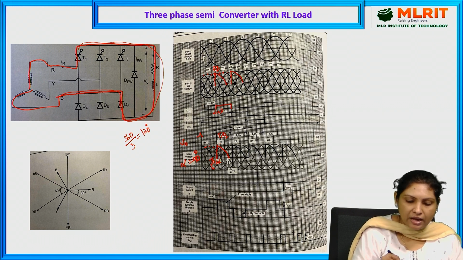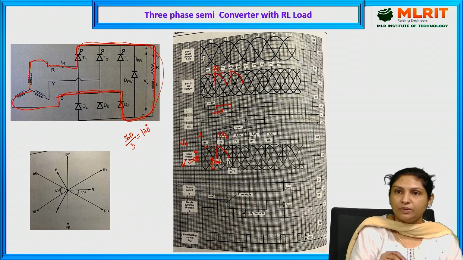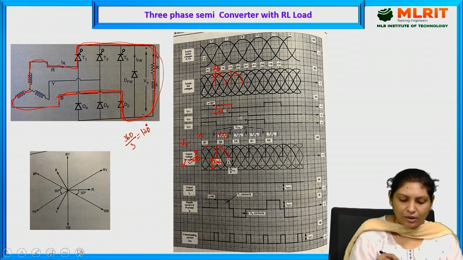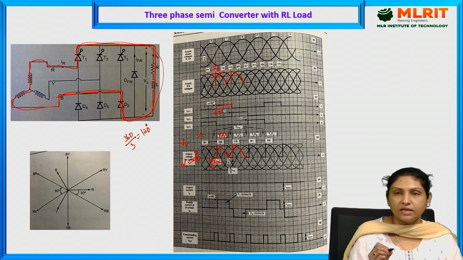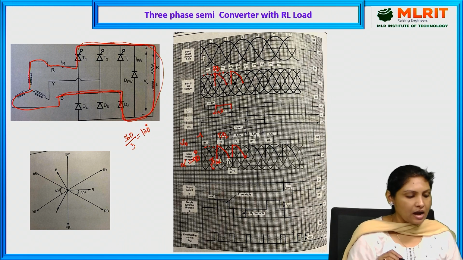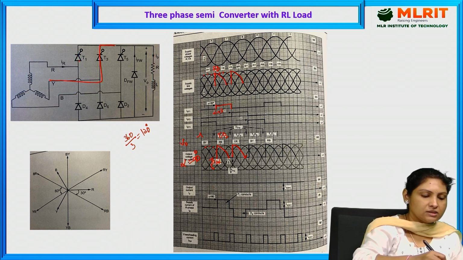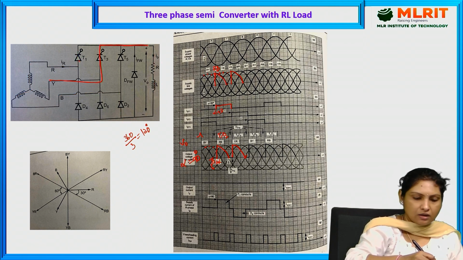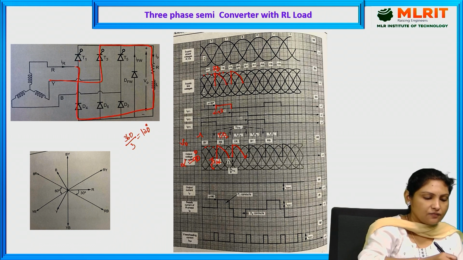As long as YR is present, and by this time the B phase has appeared. So the YR output waveform will be, because of the YR phase, this is your output voltage. And see, YR in the sense the Y phase is connected to thyristor 3 and the R phase in the sense D4 is active.